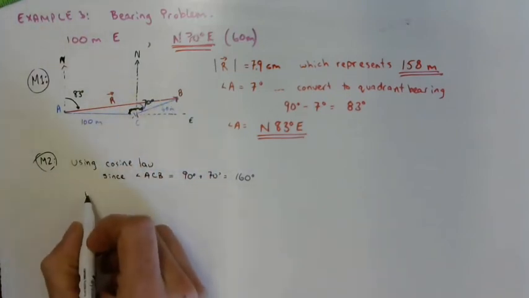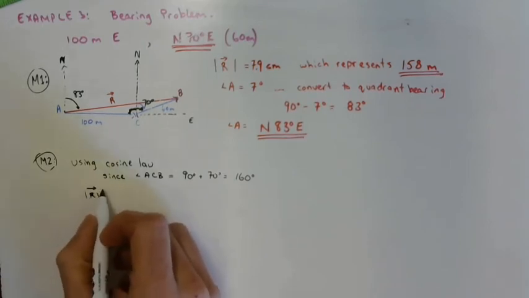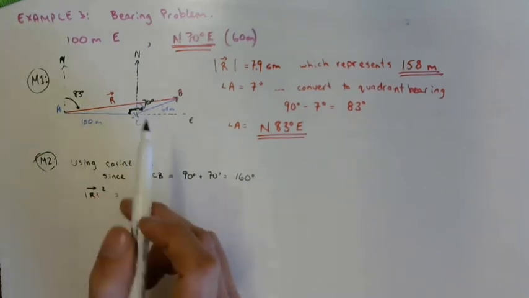So the magnitude then of r squared is equal to, and again, we're not getting the direction here, we're just getting the magnitude.